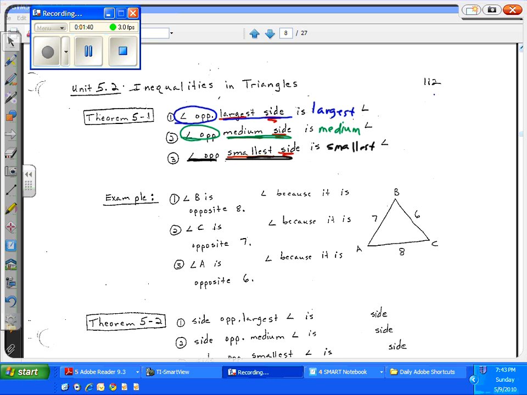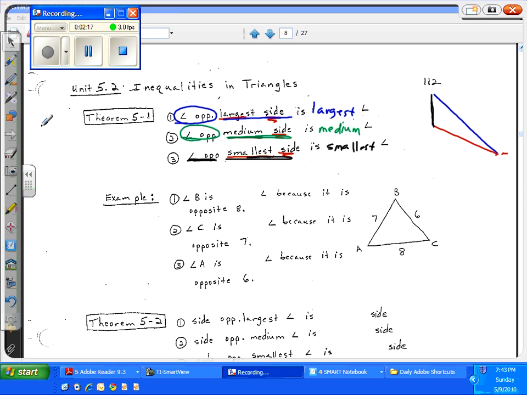Example, let me draw a triangle with a long side and a medium-sized side and a smaller side, and I didn't color code that very well.